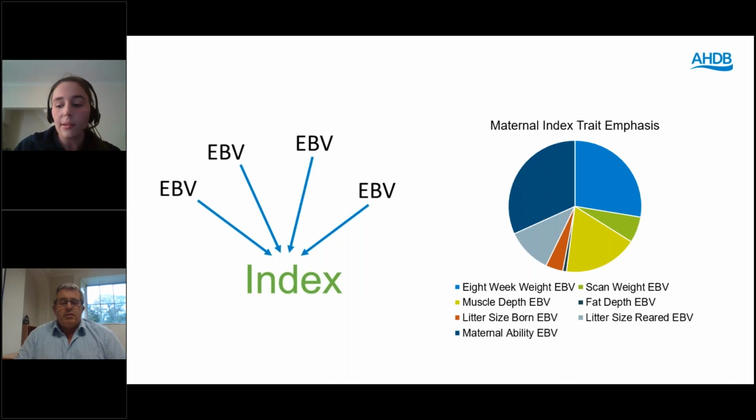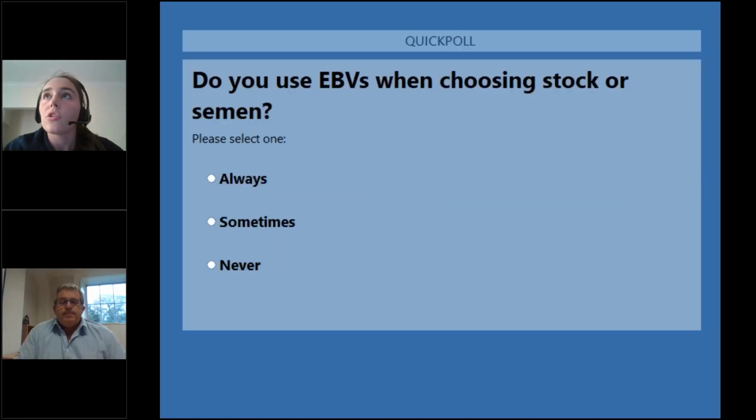So what I'm going to do now is see with our audience what level they're at with EBVs and how much they're using them. So Carrie-Anne, if you could just launch the poll, please. This is a question where you just need to click one answer. Do you use EBVs when choosing stock or semen to breed your breeding stock?